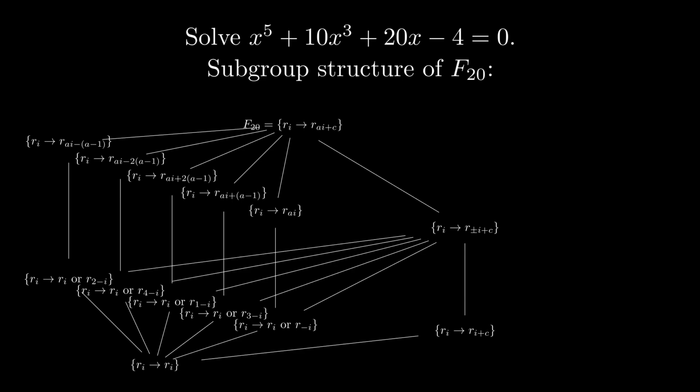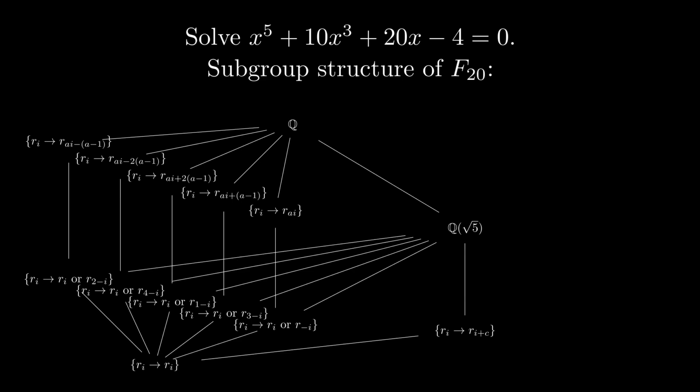Now how do these translate into fields? The top is obvious. The field fixed by every Galois transformation has to be the rationals. The weird one below it to the right ends up being Q adjoin square root of 5. We aren't surprised by this because quadratic reciprocity says that the split primes for Q adjoin square root of 5 are those that are 1 or 4 mod 5.